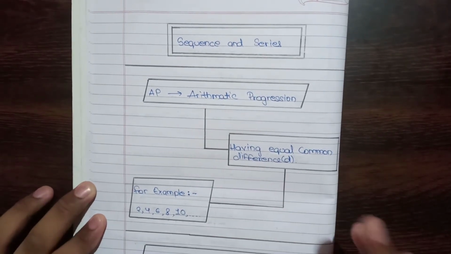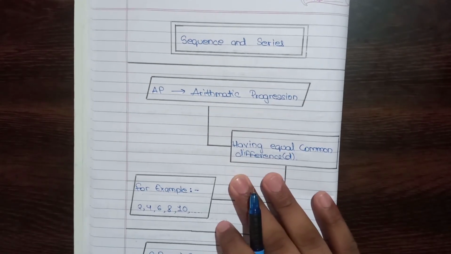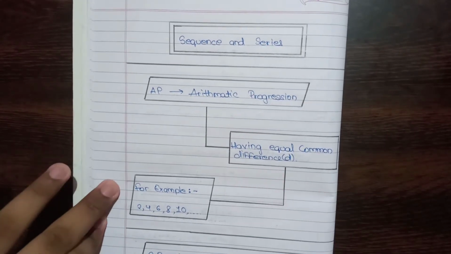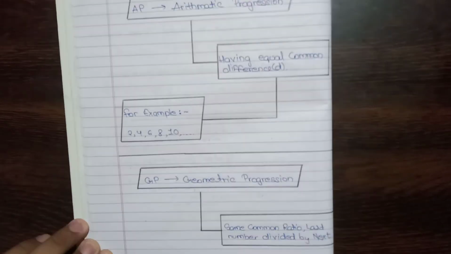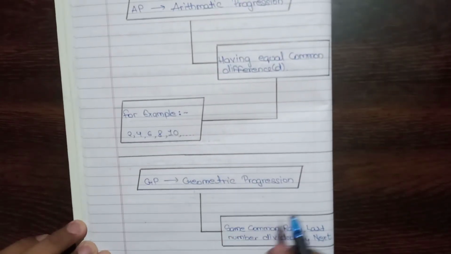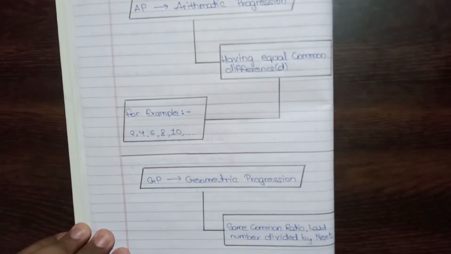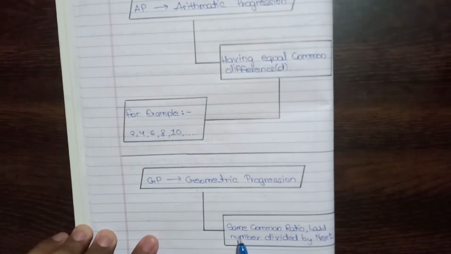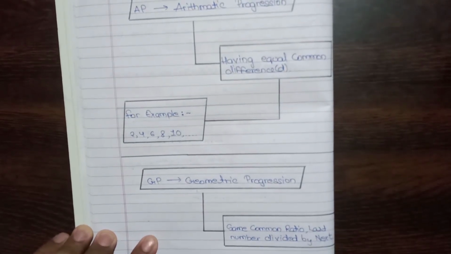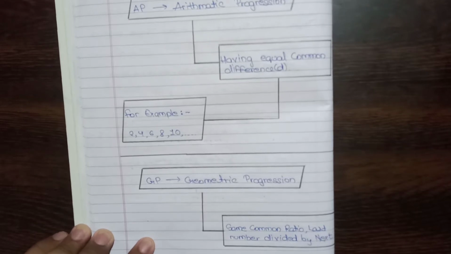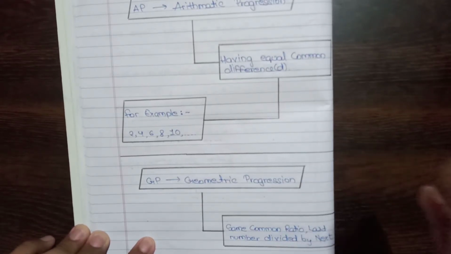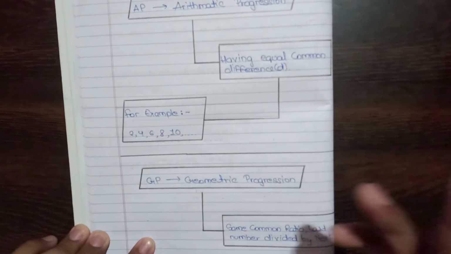So now let us learn geometric progression, which is the second topic of sequence and series. In order to learn it easily, I have written a point here: same common ratio, last number divided by next. I know you didn't understand this, but when I explain it to you, you'll better understand.